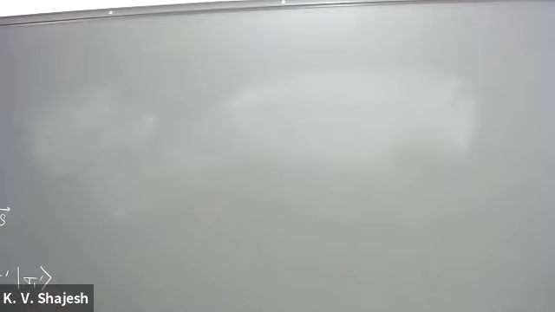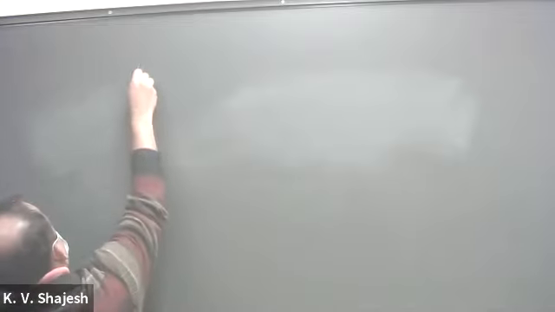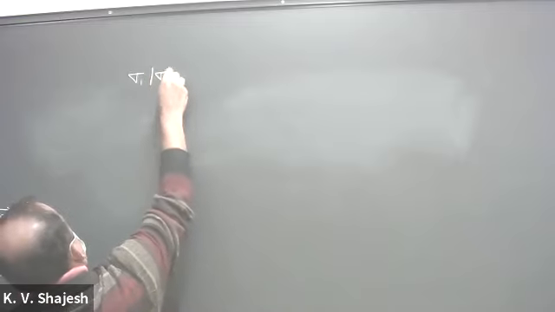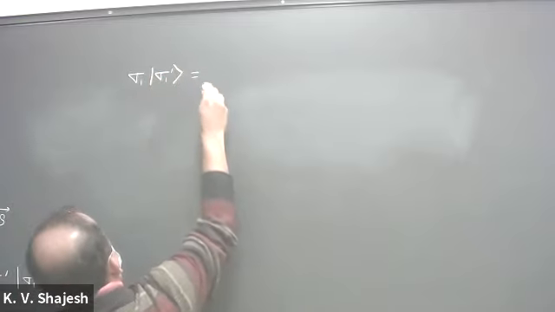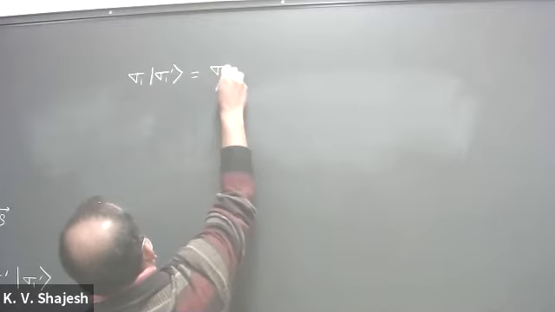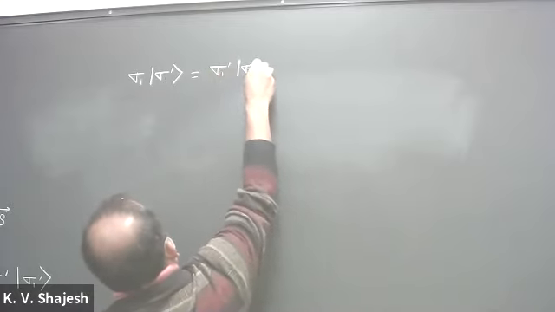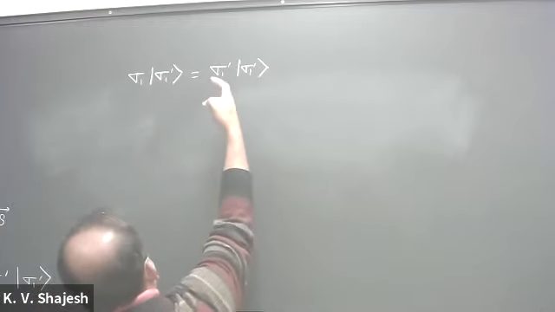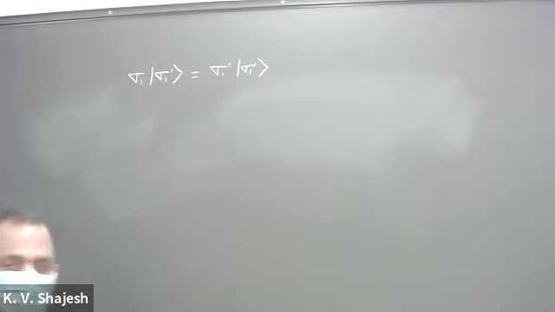So we have, just to clarify what this means, sigma 1 times the vector equals sigma 1 prime times the vector: a matrix multiplied by the vector gives you a number times the vector itself.